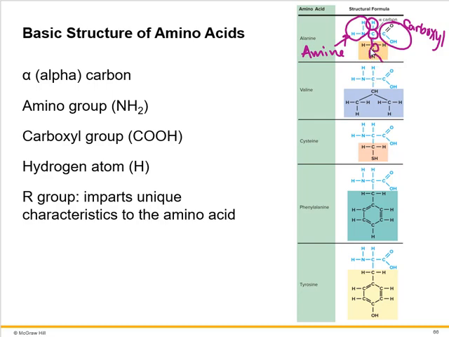And whatever the rest of the molecule may be, that's going to determine the unique characteristics, the unique shape of the molecule.